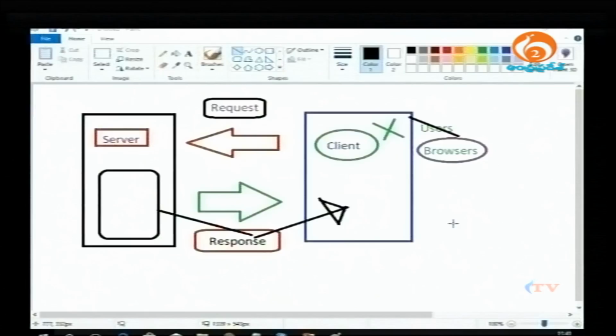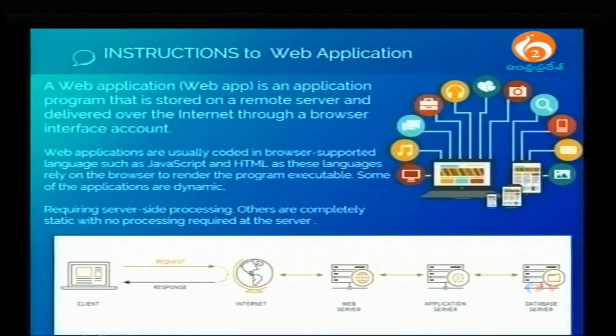Am I very clear? Alright, now let's see the screen once again. You understand how web applications work. Web applications are usually coded in browser-supported languages such as JavaScript and HTML, as these languages rely on the browsers to render the program and execute it. Some applications are dynamic.